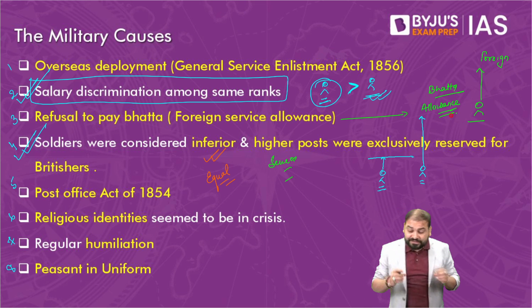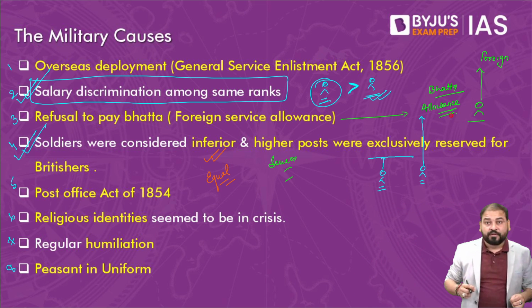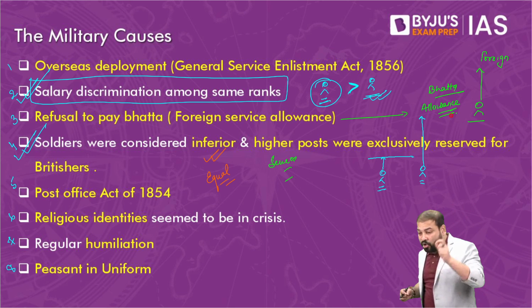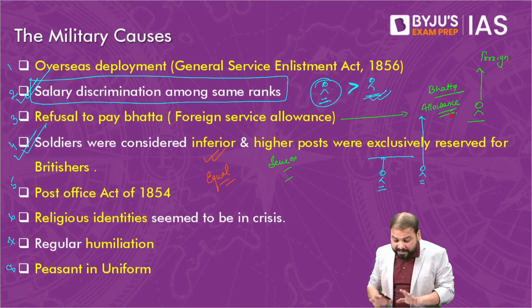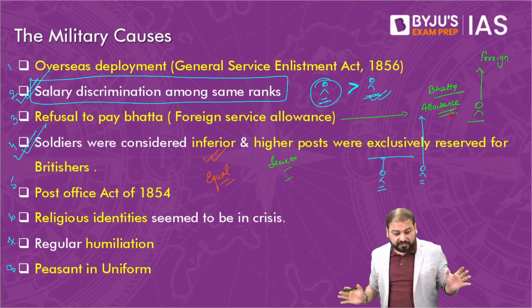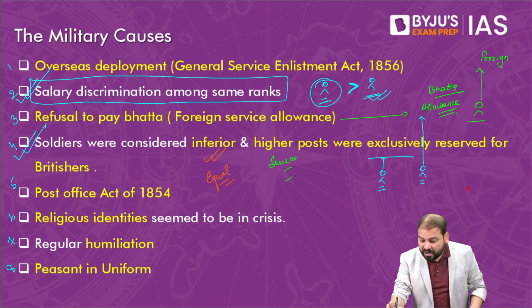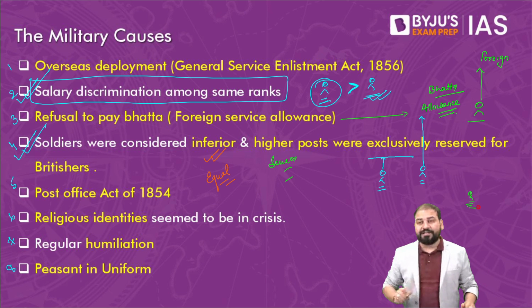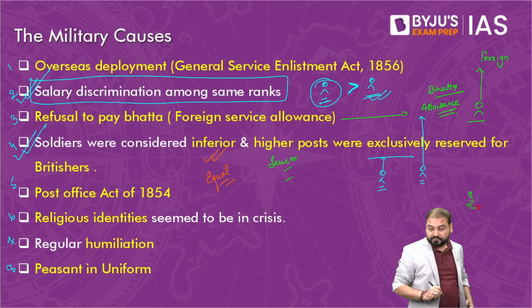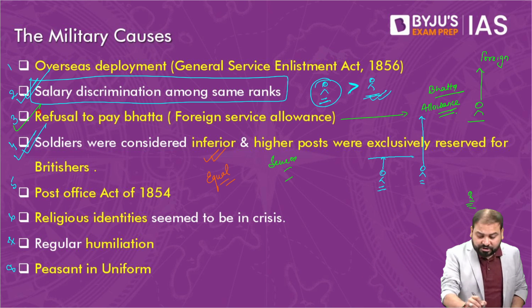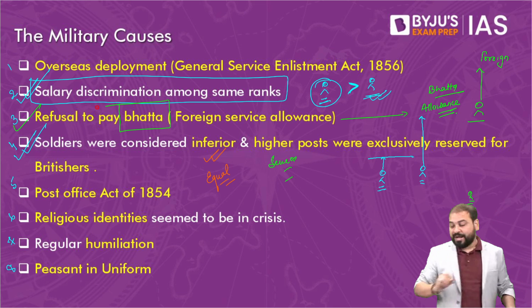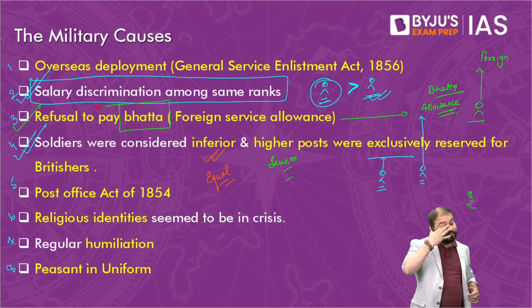But when that extra money has been stopped, all of you tell me, will I be angry or not? Think about yourself. I was getting a good allowance and suddenly they have stopped that allowance. So the British refusal to pay bhatta, the Foreign Service Allowance, has also led to this particular revolt.